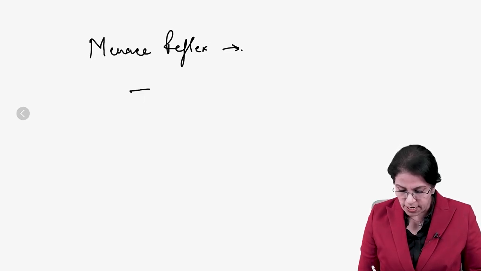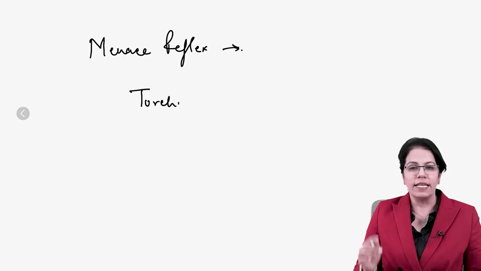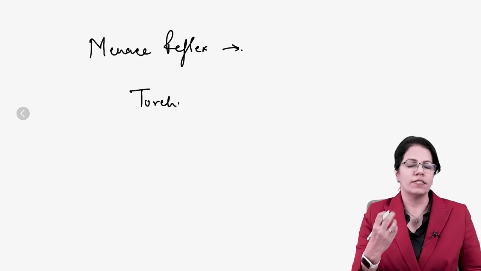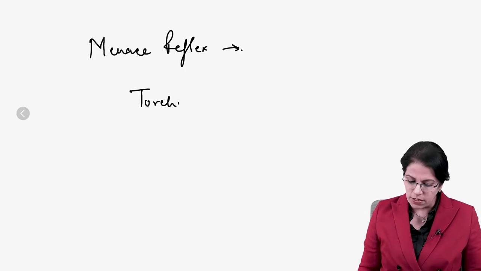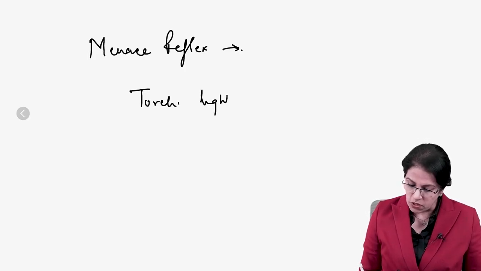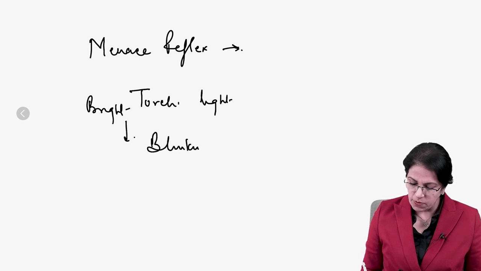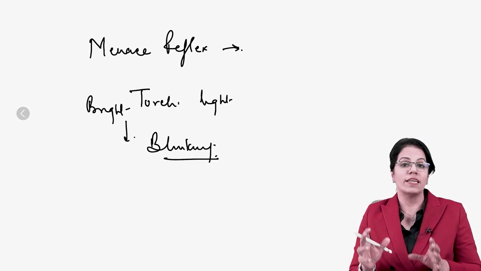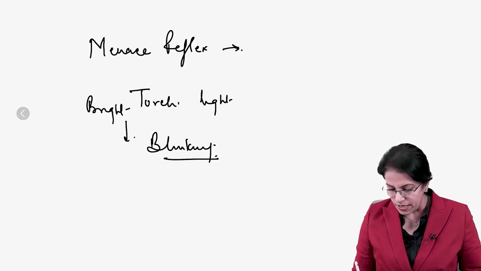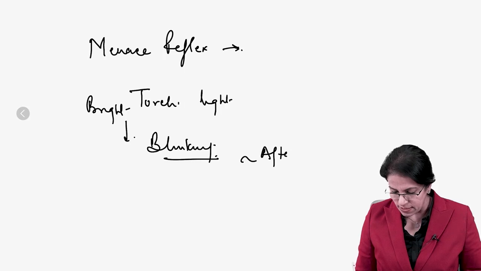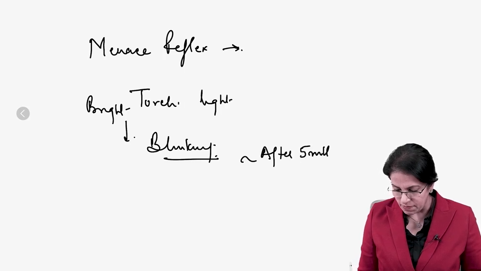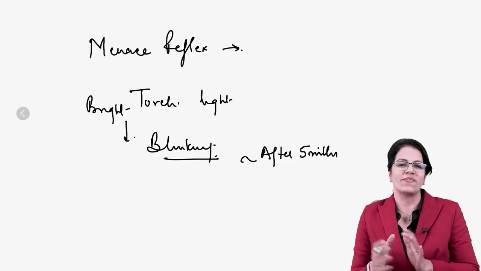You show a bright torchlight in front of the eye and you see the child start blinking, right? So this is what is called Menis reflex. This causes blinking. But this is again only possible if the fovea is developed, so we can see this after 5 months. So just know what is Menis reflex.